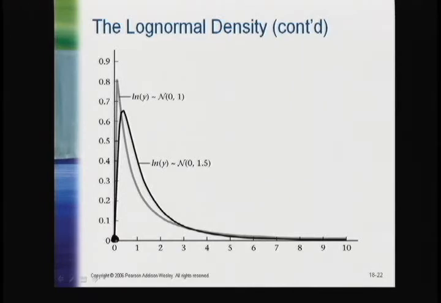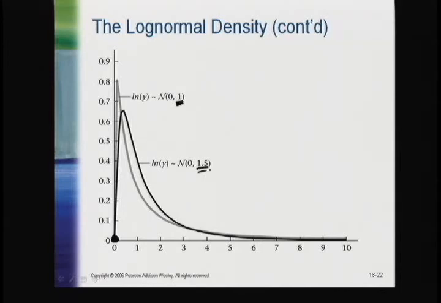Then we're squaring it in that exponential, and it's going to drive the value of the density function to 0. So it shouldn't surprise you that the density function starts at 0, which is the limit as x goes to minus infinity.